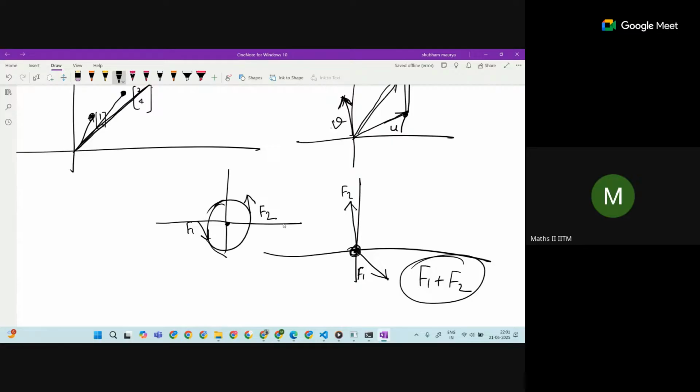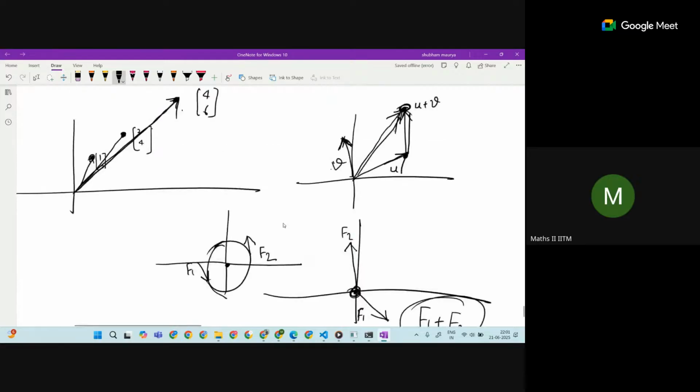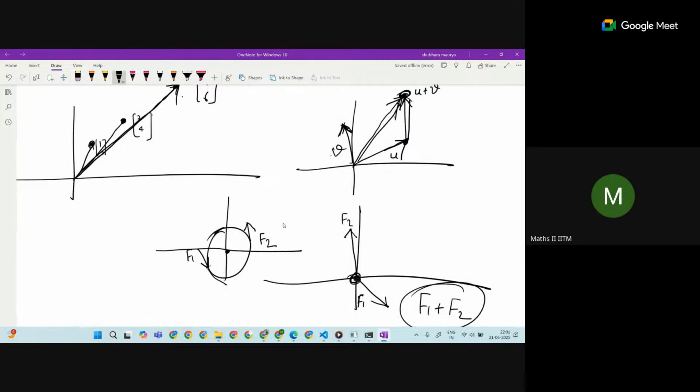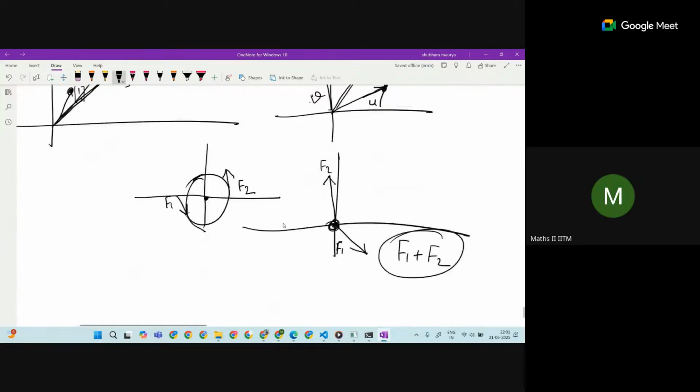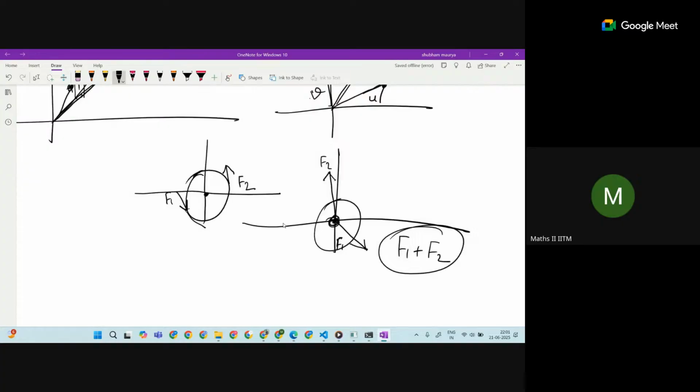Visualization is always a very tough thing, so algebra slowly developed, and with algebra, the final force is just adding these two forces.